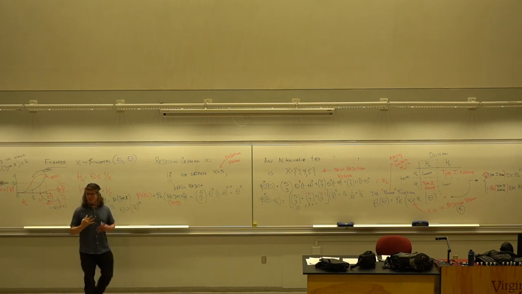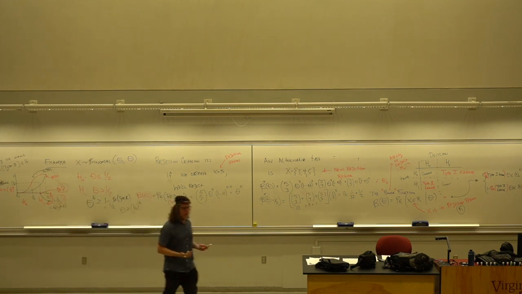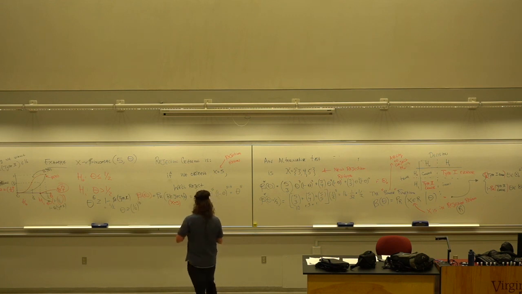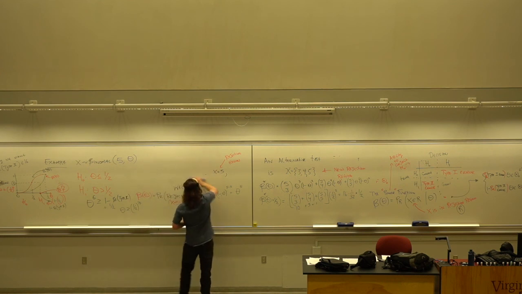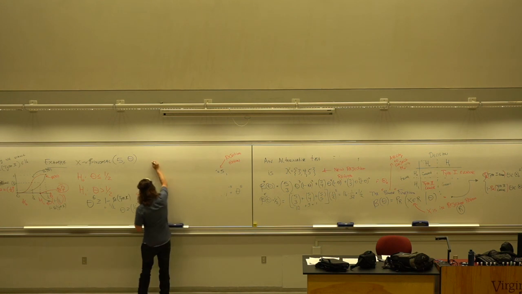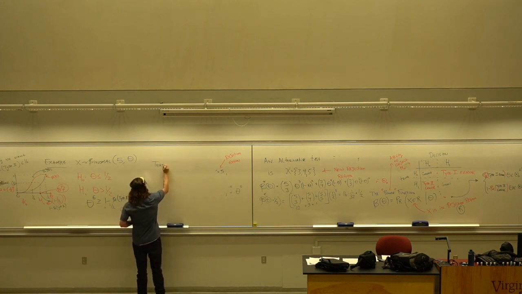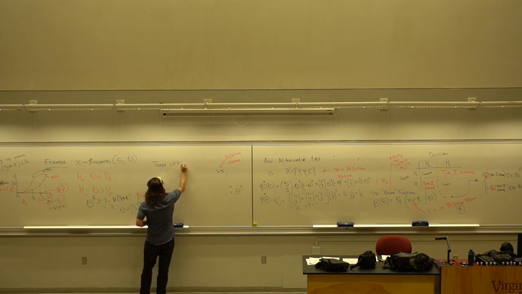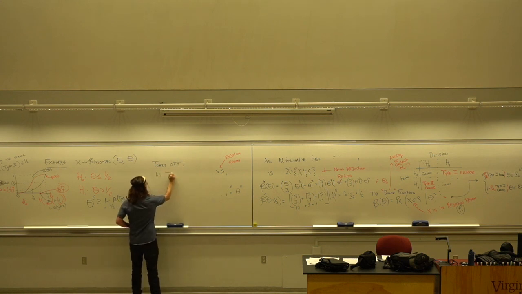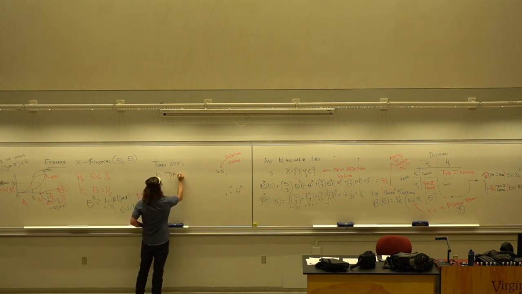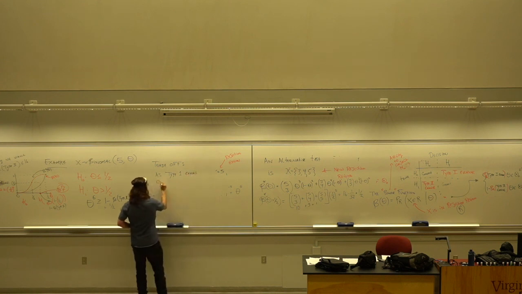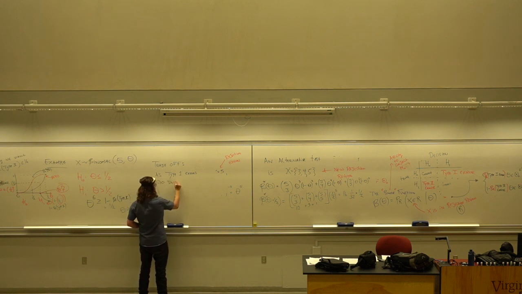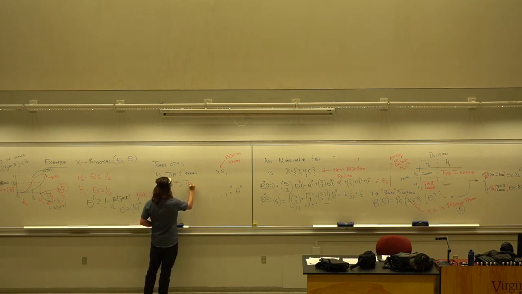So there's always going to be this trade-off. And I think we all knew this to start with. So the trade-off is as type 1 errors go down, type 2 errors go up.